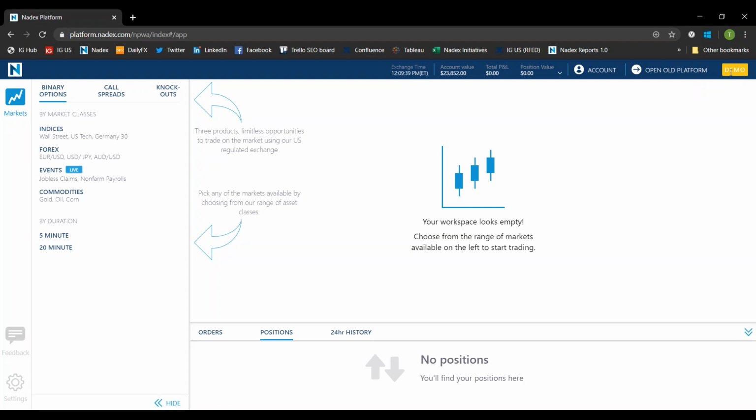But I want to be clear, this is a demo environment, and even though it replicates live data, you're not going to have the same experience in demo as you would in a live environment where there's a lot of eyeballs and a lot of people trading. A demo is just that. It's a demo environment. And sometimes the data in a demo environment can get a little strange because it's a demo.